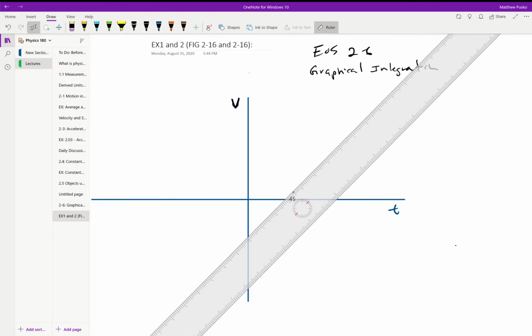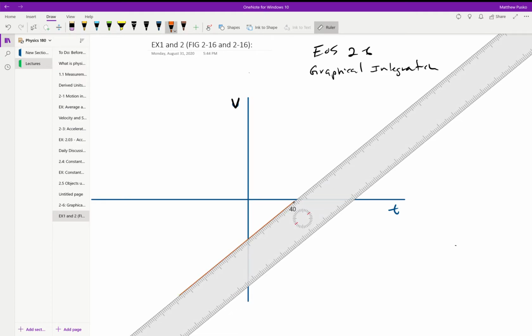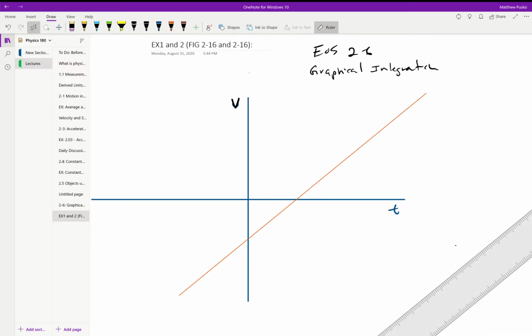Pull out a ruler and like that. Okay. The first thing it asks is, what is the initial and final directions of travel?